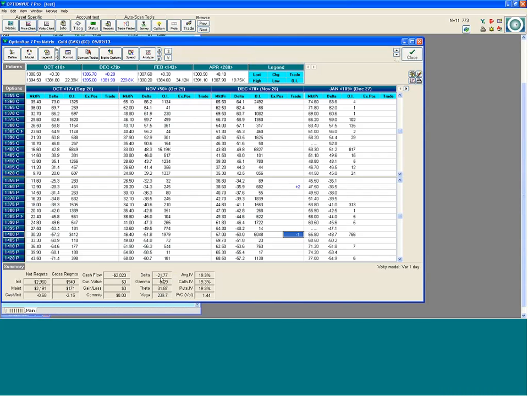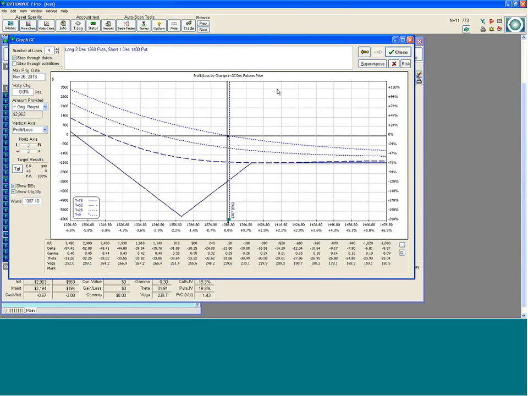It's 21 deltas negative. The theta is negative by $31 a day, and the vega is positive by $239. So this spread is bearish, negative time decay benefiting from a rise in implied volatility.